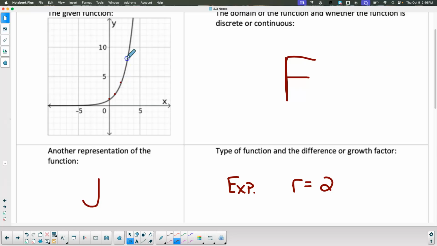And then it goes to 8. What do you mean, is it increasing? The R value is 2, so yeah, it is an increasing exponential function. Unlike the 2/3 one, where that one was decreasing.